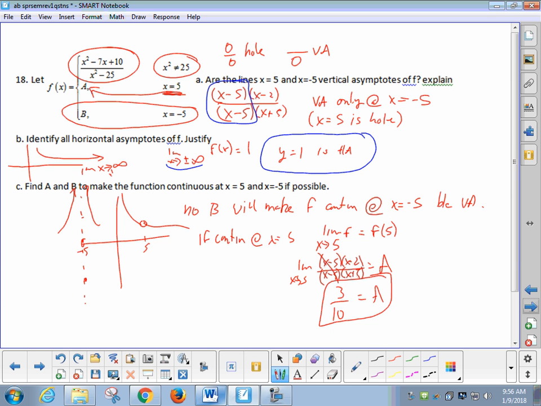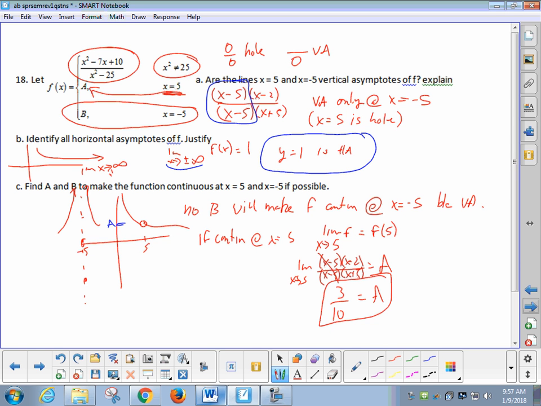And then finally, can a piecewise function make this continuous? And the answer is yes and no. Just so we're clear here, they say this is the rule for almost all. It's this curvy thing, okay? At x equals 5, y is A. And at x equals -5, y is B, wherever that needs to be.